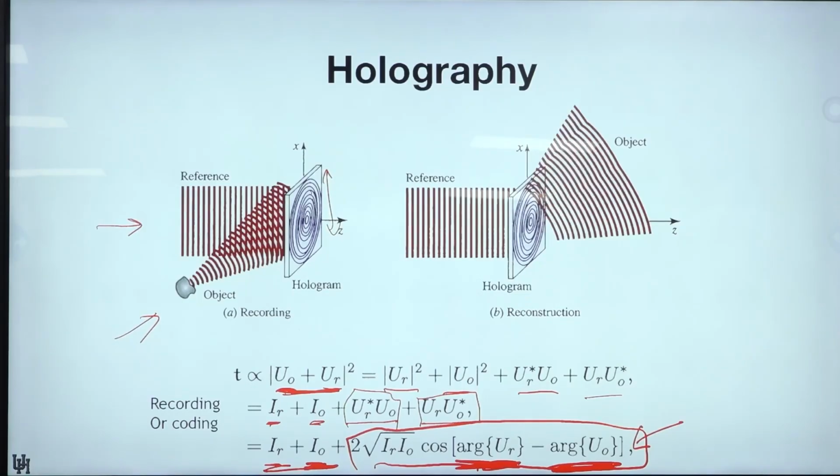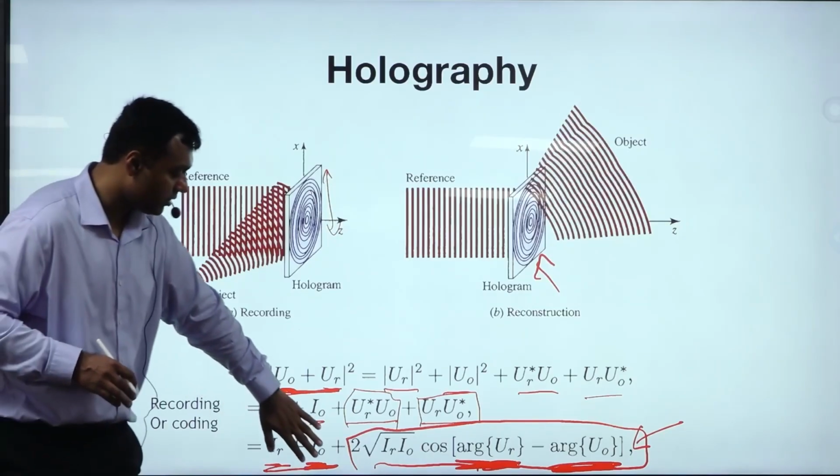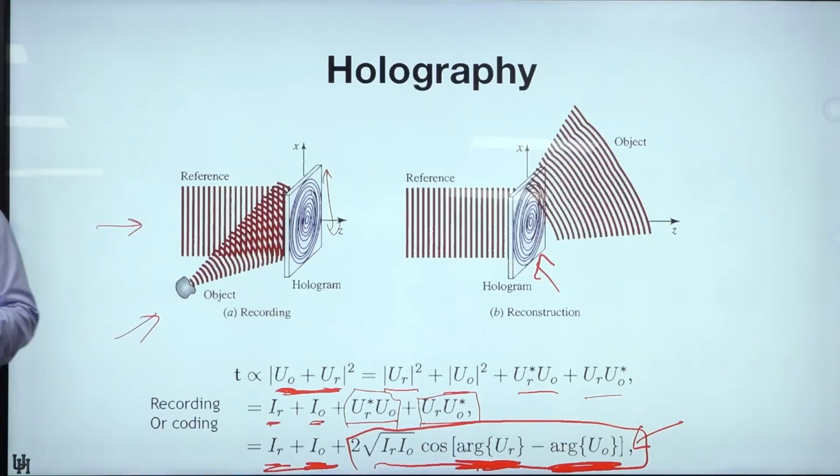So what is recorded on this holographic plate has information about the intensity and the phase, and therefore when you have both recorded and you shine light on it, it creates a wavefront on the other side, and that wavefront will be exactly the same as the wavefront that comes from the object. And this is how it makes it look like the object is actually there in 3D.